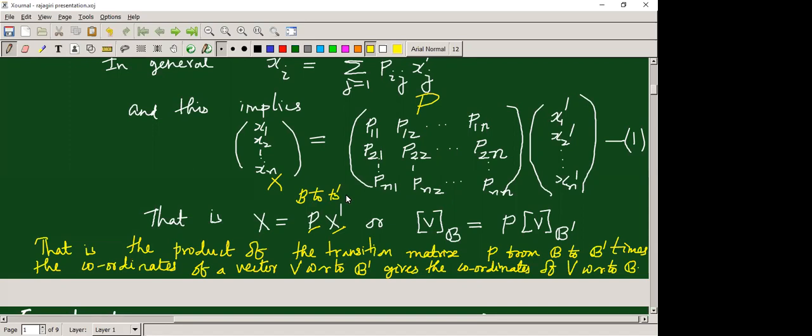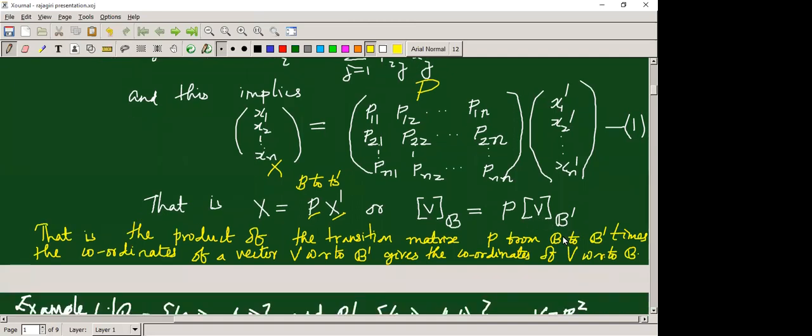You take the general jth element of the second basis and write it as a linear combination using elements of B, then you get the corresponding column matrix. That is the jth column. So x is equal to P x dash: the coordinate matrix of V with respect to B is equal to P times the coordinate matrix of V with respect to B dash.